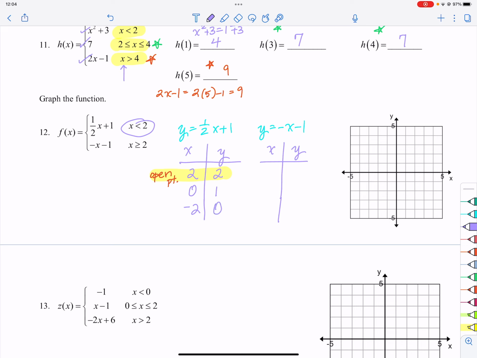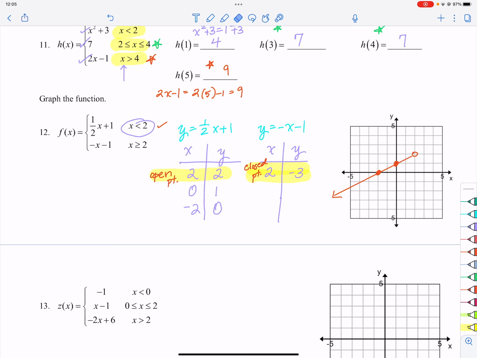So let's place those on our graph. At 2, 2, we have an open circle, 0, 1, and then -2, 0, and we can connect these. And that is our piece where x is less than 2. Now, let's make a table for our other graph. X is greater than or equal to 2. So we're going to need 2 here, and we're going to have a closed point. So that would be -2 minus 1. That would be -3.